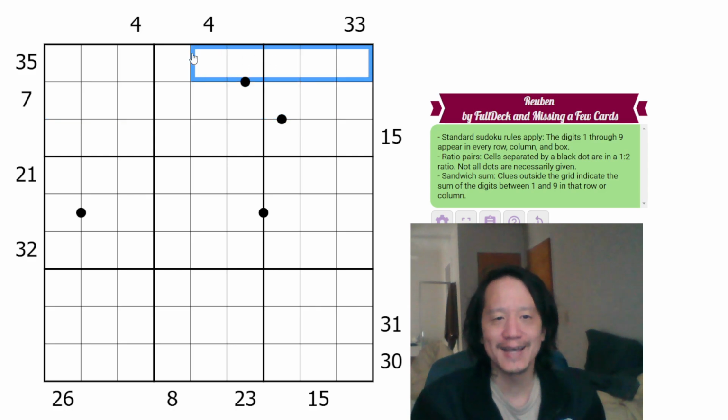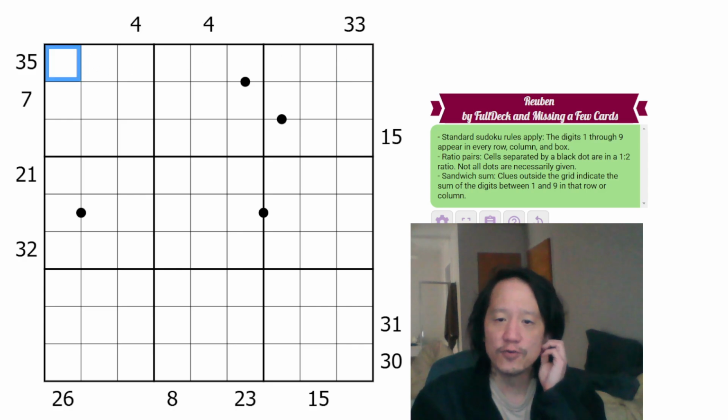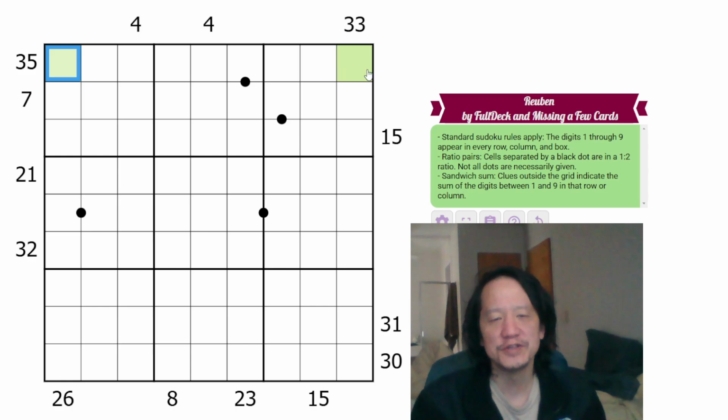And we have exactly a 35 sandwich sum. So therefore, the 1 and the 9 have to be on the outsides here. So this is one of the posts. It's either 1 or 9, and this is one of the breads, shall we say. This is 1 or 9, or this is 1 or 9.